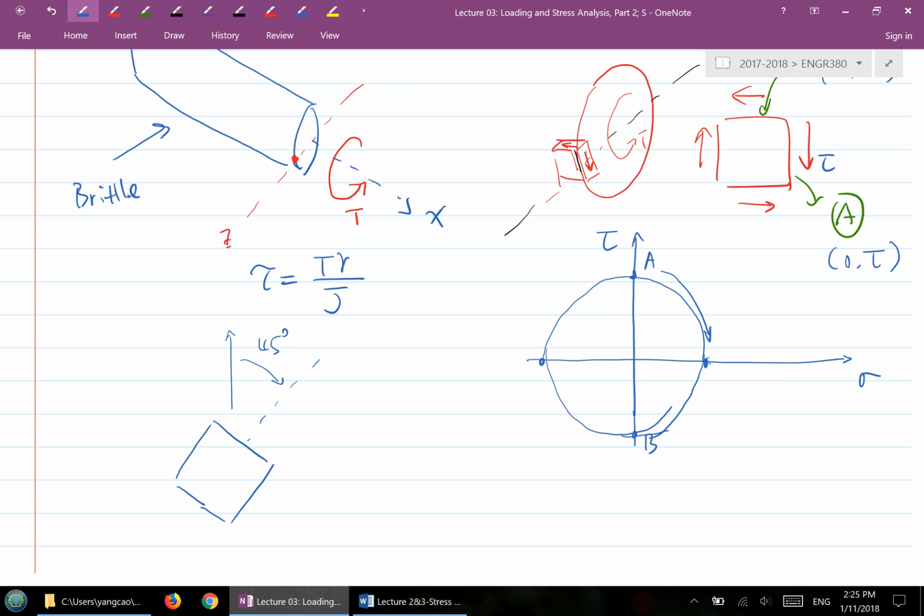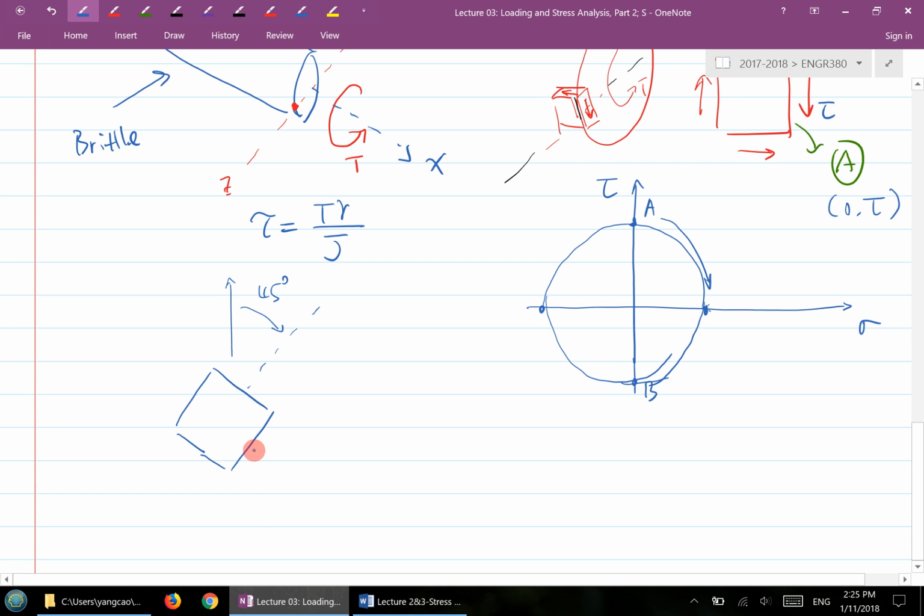That makes sense? Let's be careful with the sides here. Your side A is over here. With a 45 degree rotation, where is my side A now? This is your side A here, and this is your side B.